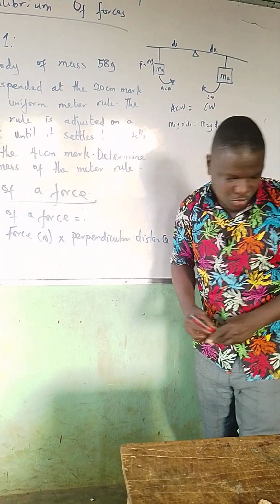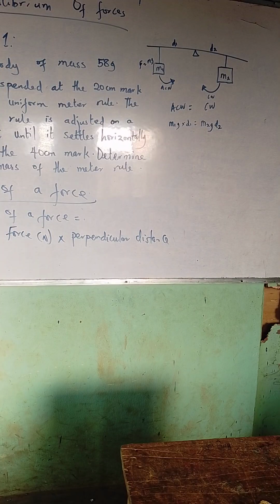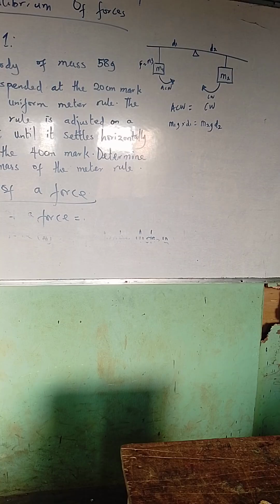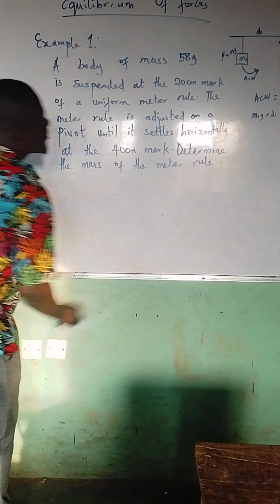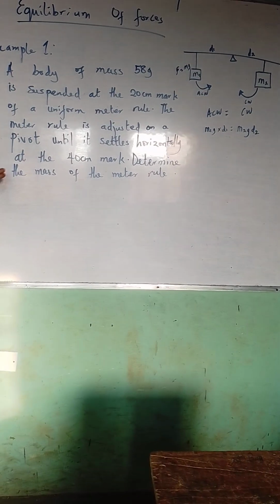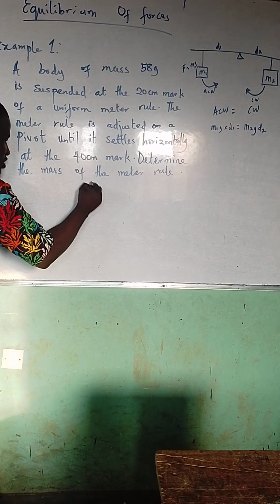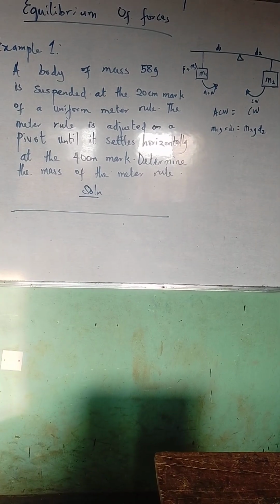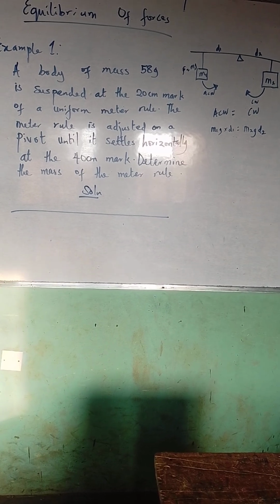Now, coming back to this question here. Everybody listening, those people that are following us online, please listen. Say a body of mass 58 gram is suspended. Solution: when they say meter rule, the length of the meter rule is 100 centimeter or 1 meter.